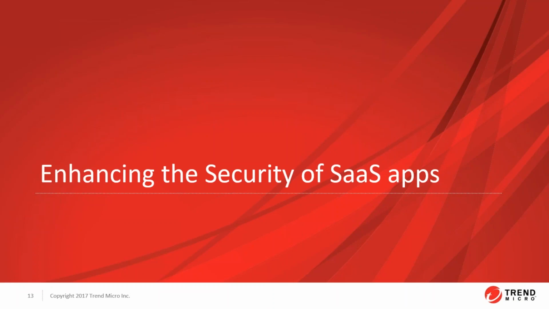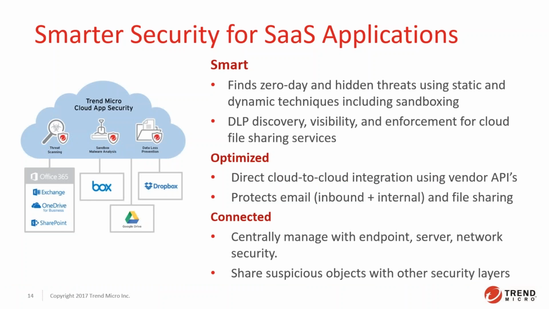Those are the challenges that we see, and Trend Micro has a product called Cloud App Security, designed to cover these challenges and help prevent them from happening. It has a wider scope. It looks at protecting the whole of your Office 365 account, whether you're using email, OneDrive, or SharePoint.